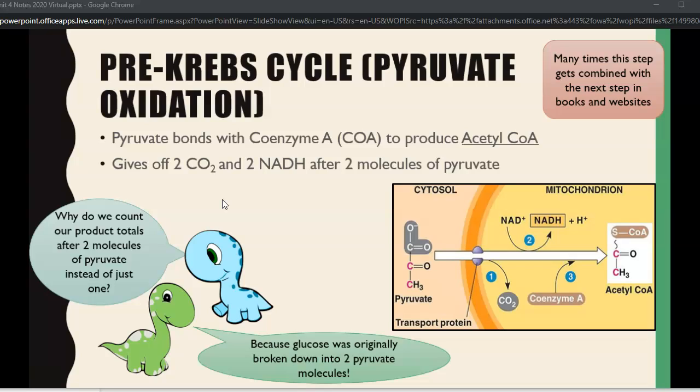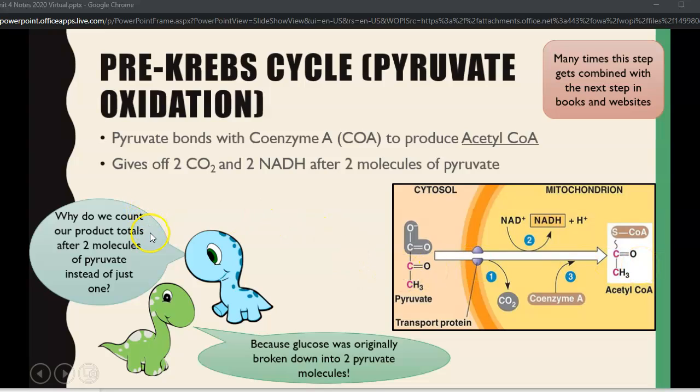This gives off 2 carbon dioxides and 2 NADH after 2 molecules of pyruvate. Okay, so you have your pyruvate, a transport protein to get that in there, and you get carbon dioxide and coenzyme A. It bonds together and forms acetyl coenzyme A.